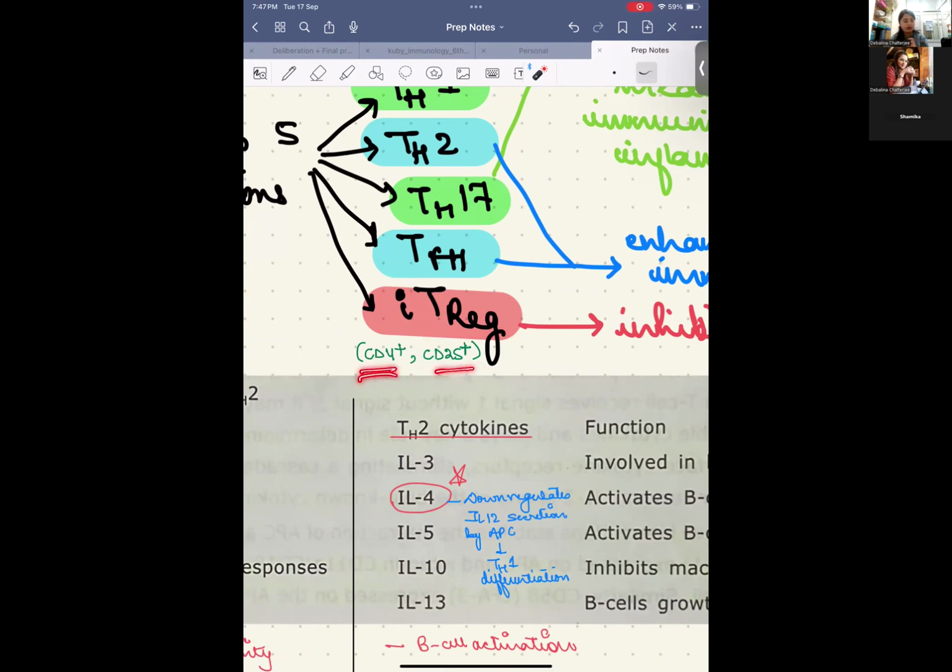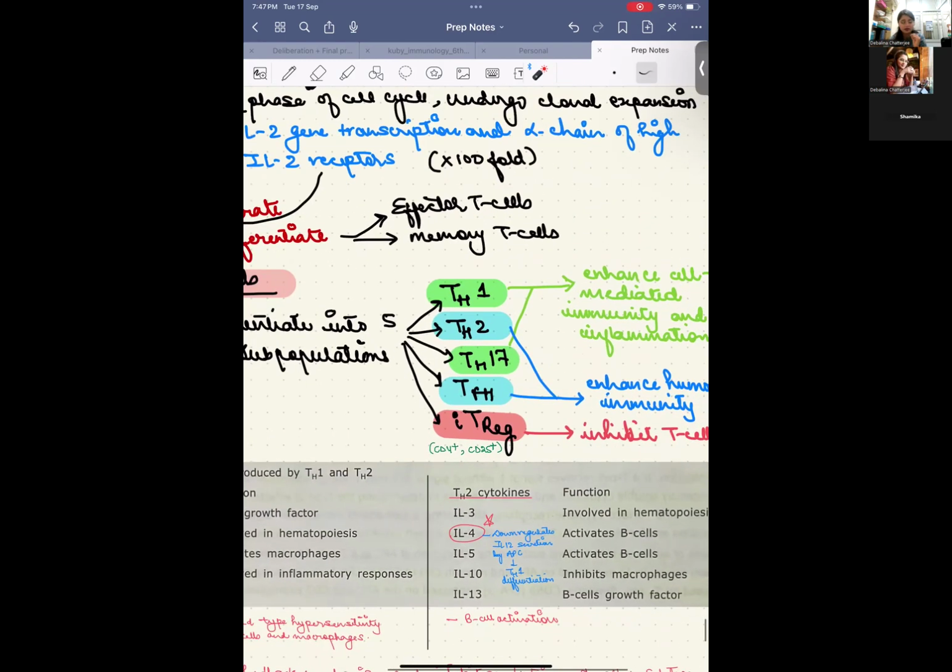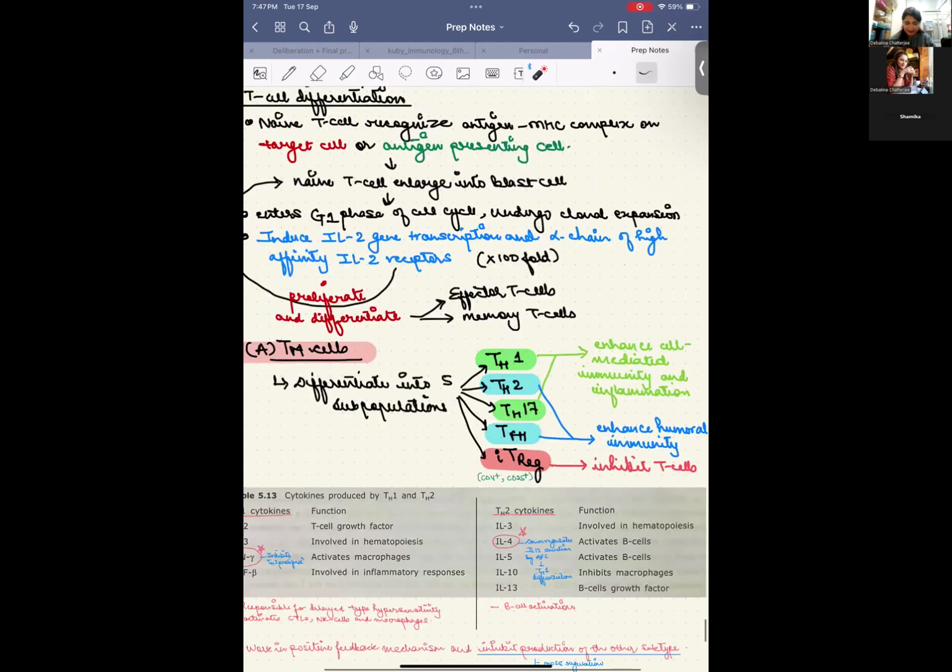So maybe someone might ask you what is a specific marker for Tregs, because these are extensive areas of ongoing research in immunology. So CD25 is a marker that is used to isolate and identify your regulatory T cells.